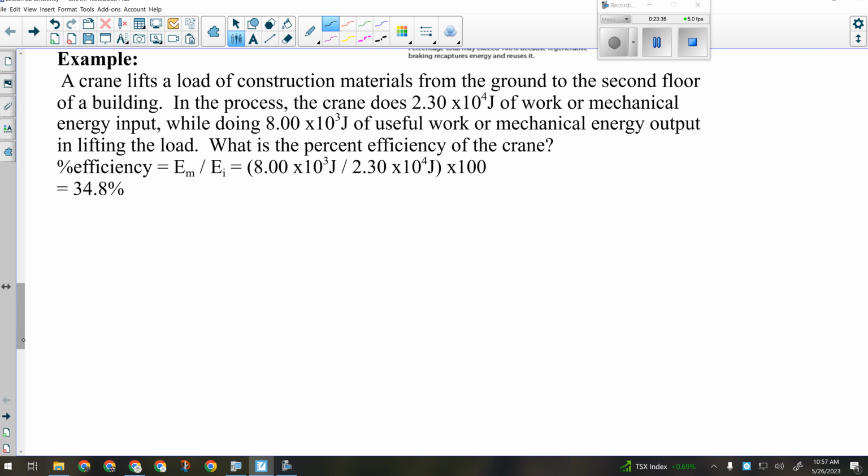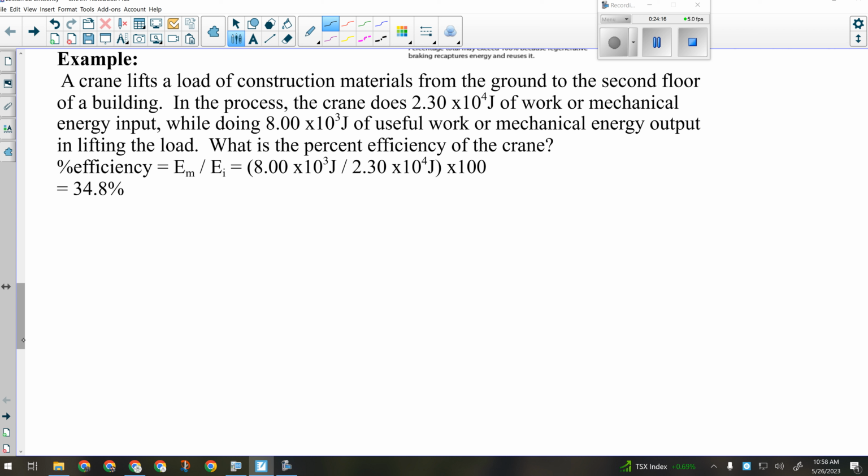Otherwise, you'll get something that's more than 100% efficient. If you ever do one of these calculations and you get 1 point something for your answer, you did something wrong. Or you discovered the greatest thing in human history. So probably something wrong, because it would violate the laws of thermodynamics for you to have something that was more than 100% efficient. It means you're creating energy, and that goes against the first law of thermodynamics. So if you ever get a number that's greater than 1, you probably just got the numbers reversed.